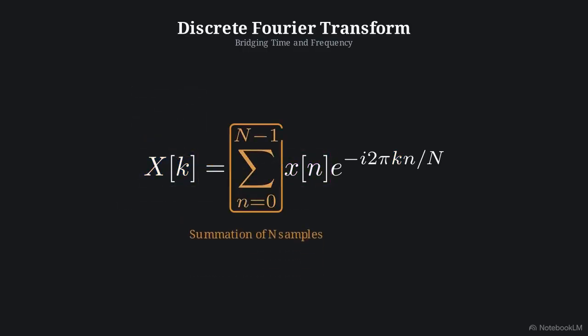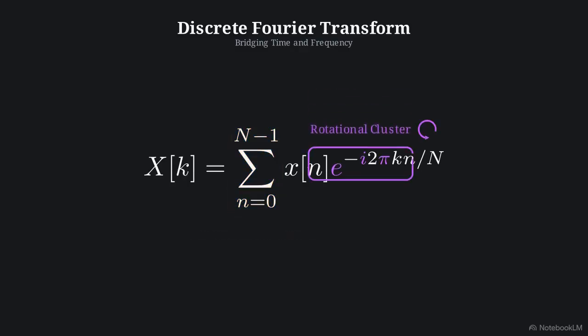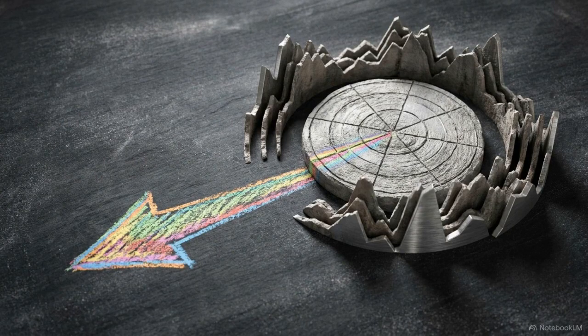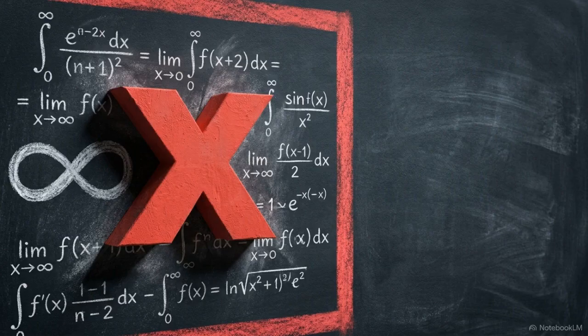The mechanism inside the formula relies on core mathematical components. Sigma sums all the samples, while Euler's number e, the imaginary unit i, and pi calculate rotation. In practical engineering, this operation takes the raw signal and measures exactly how much of it aligns with a specific rotating frequency.